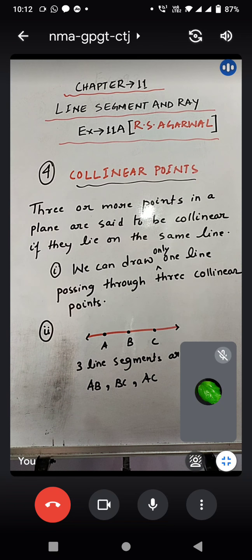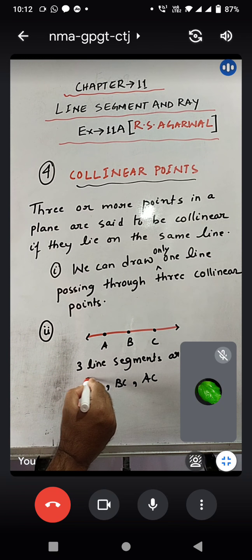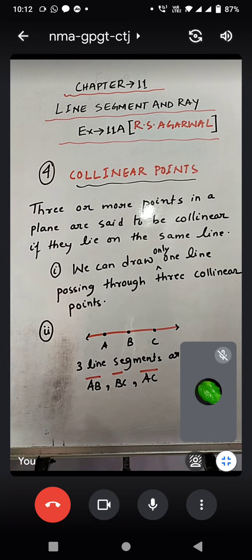As they are line segments, we have to put a bar over them. So this is the solution of question number 4 of exercise 11A.